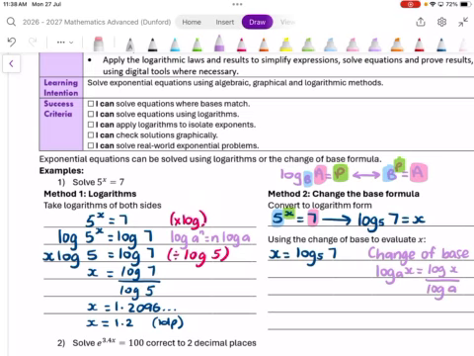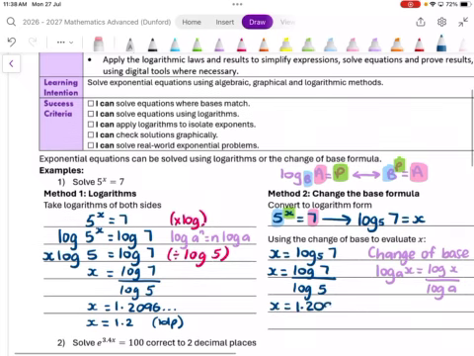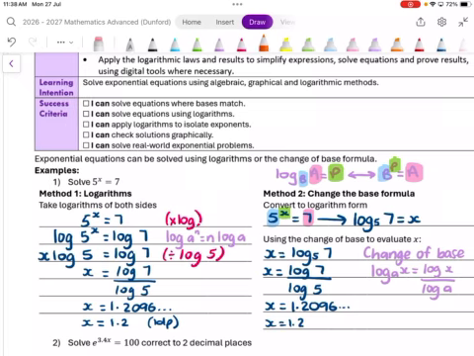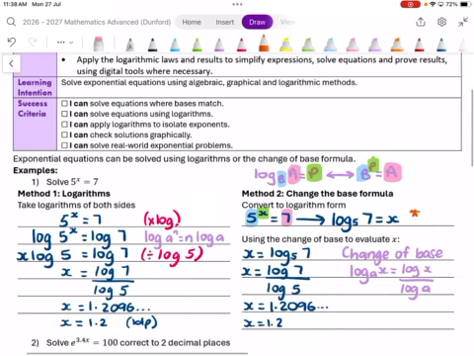So we get x equals log of 7 over log of 5, which is 1.2096..., so x equals 1.2. But we can just put it in the calculator, so our calculator helps us and we don't have to do as much working out. Does that make sense? This is where the perk of the calculator really comes into play.